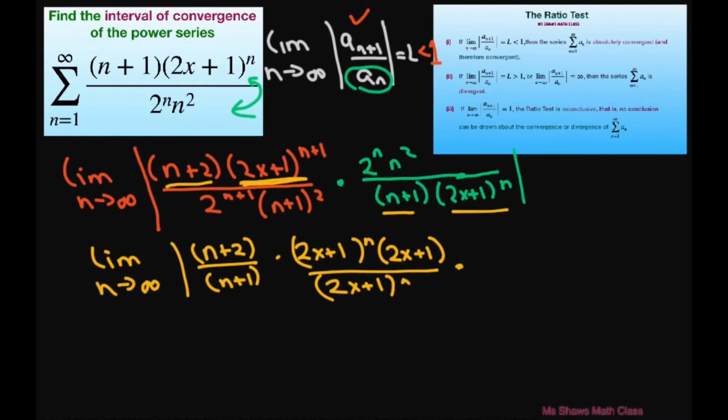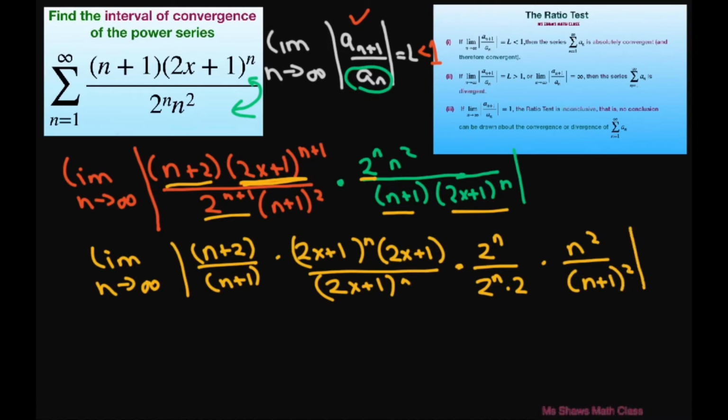Now let's group the two n's together. So that's going to be 2 to the power of n divided by 2 to the power of n times 2. And then our n squares. So we're going to have n squared divided by n plus 1 squared.